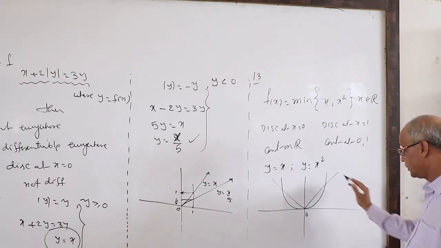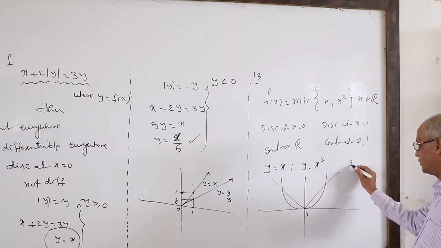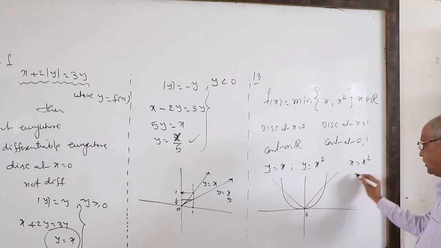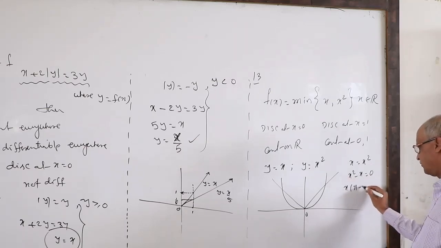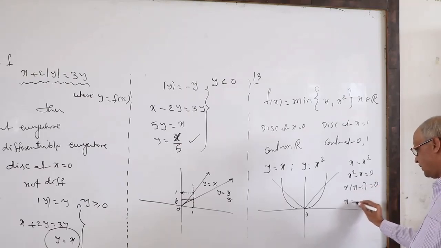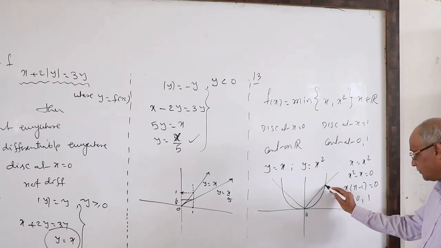Now you see, how will you find the points of intersection? Take x is equal to x square, or x square minus x equals 0. That means x into x minus 1 equals 0. What are the values of x? 0 comma 1. So it intersects at 0 comma 1.